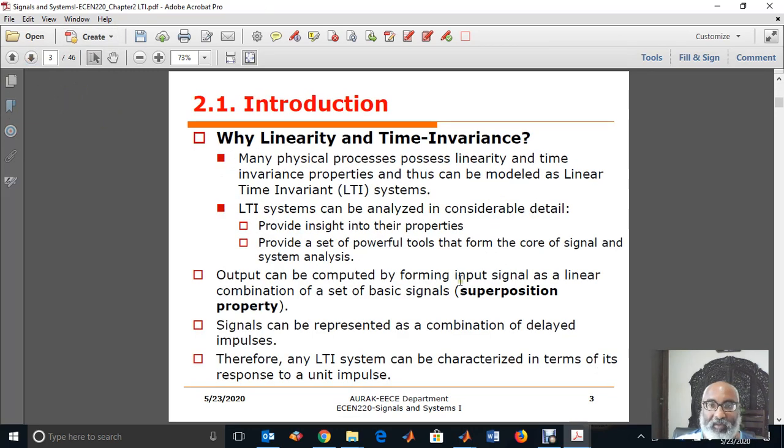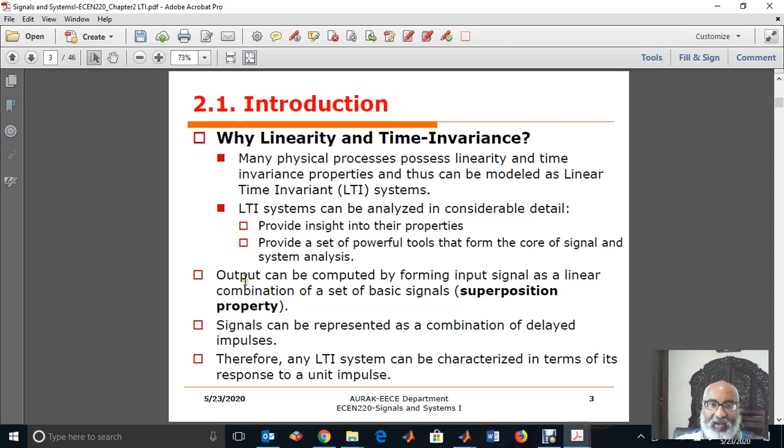As you remember, in the previous chapter we studied the linearity and time invariance properties. These two properties are very important because many physical processes possess them, and they can be modeled as linear time invariant systems. They are especially important to compute the output of a system given a certain input.